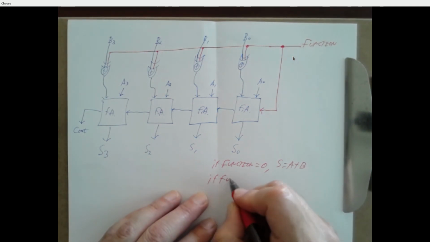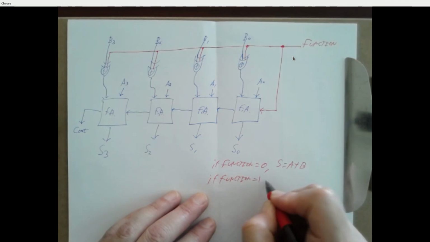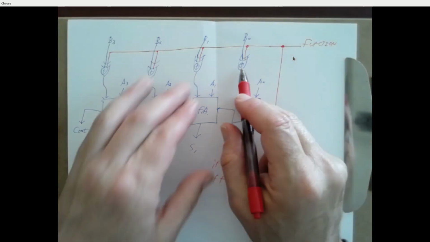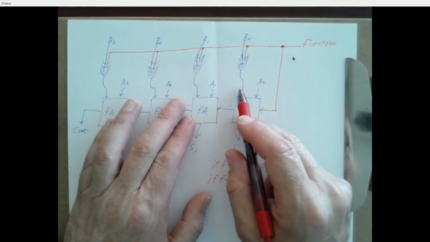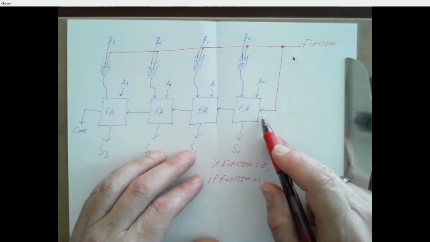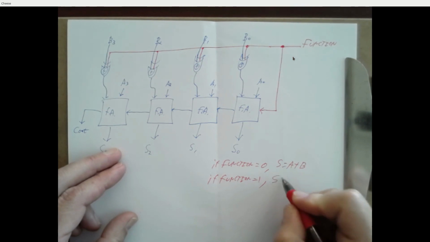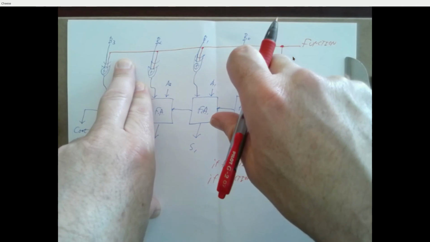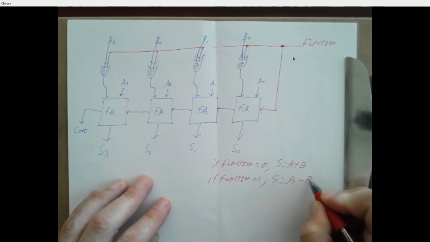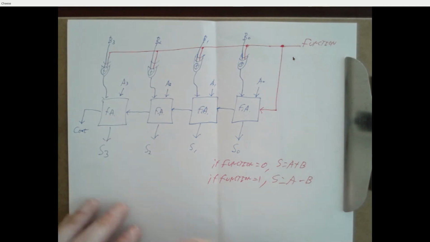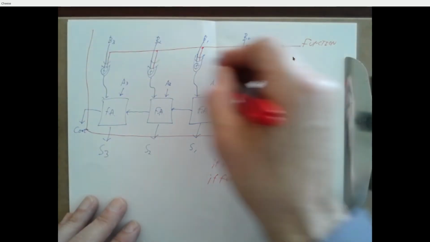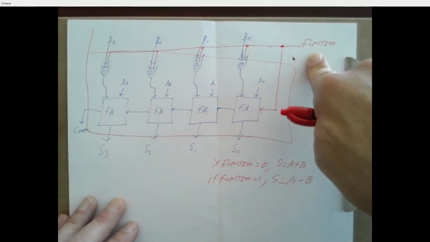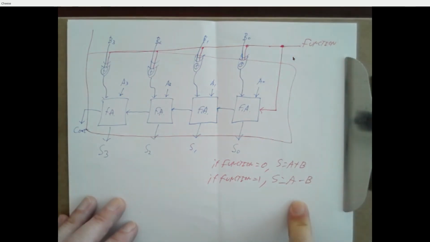What happens if function equals 1? Two's complement function. The 2's complement of B comes into here, while the inverse of B comes into here, and a 1 goes into that first carry, which means the sum is equal to A plus the inverse of B plus 1, which is A plus the 2's complement of B, which is A minus B. So you throw this whole thing in a box, and it's like an adder, but it also has this extra input that if I set this input high, now it's a subtractor.